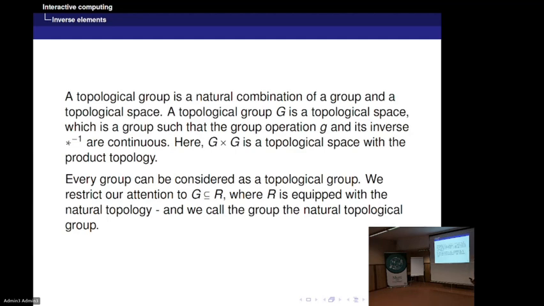And okay, the structure that we use is a topological group. A topological group is a group for which the group operation and its inverse are continuous. The continuity, of course, is with respect to the topological space G times G, that is, the group product topology. We use this group G, which is in the real line, and we call it a natural topological group.